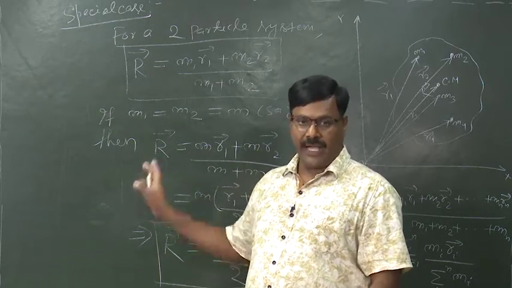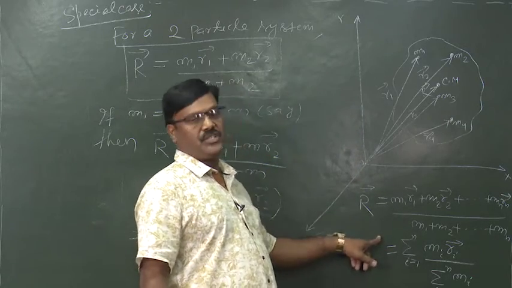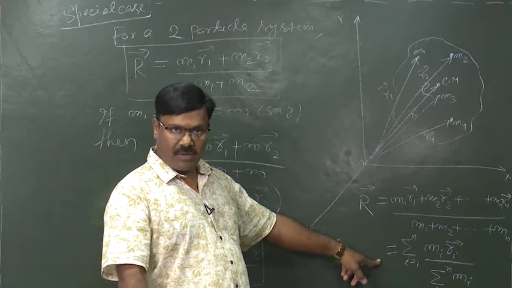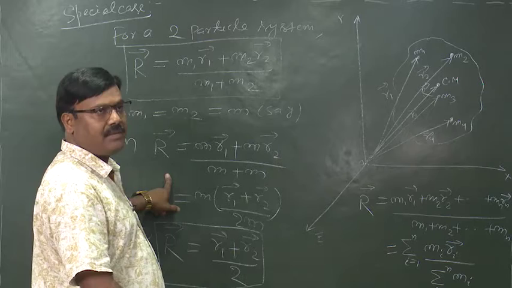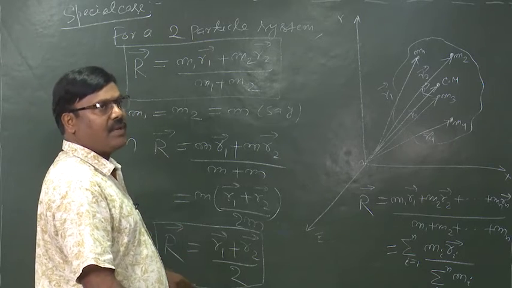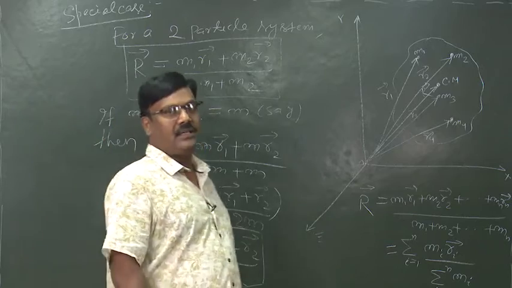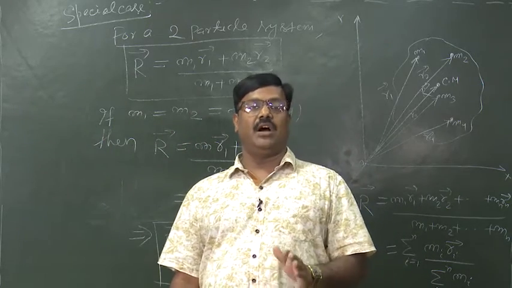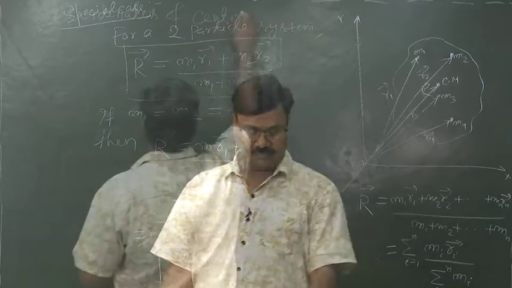Now, we have calculated the general expression for the position vector of center of mass of a system of particles and also for a two particle system having equal masses and unequal masses. Let us now find out the coordinates of the center of mass.